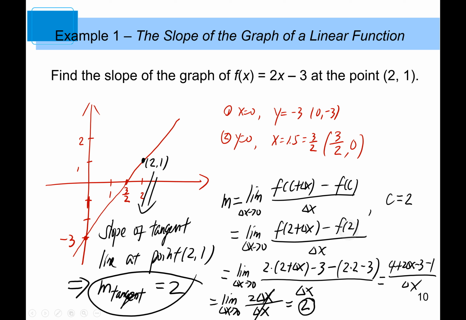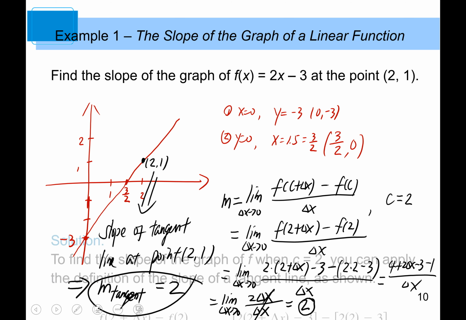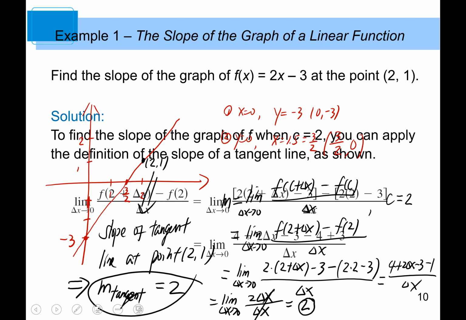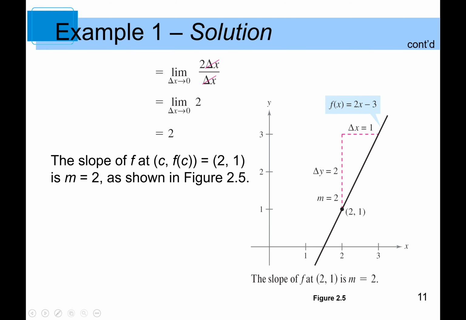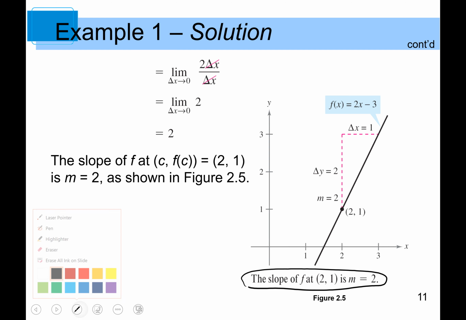Okay, so that's a detailed solution. You can take a look at the PowerPoint, which has more detailed solutions if that helps. Okay. So the slope function at (2, 1) is equal to 2.